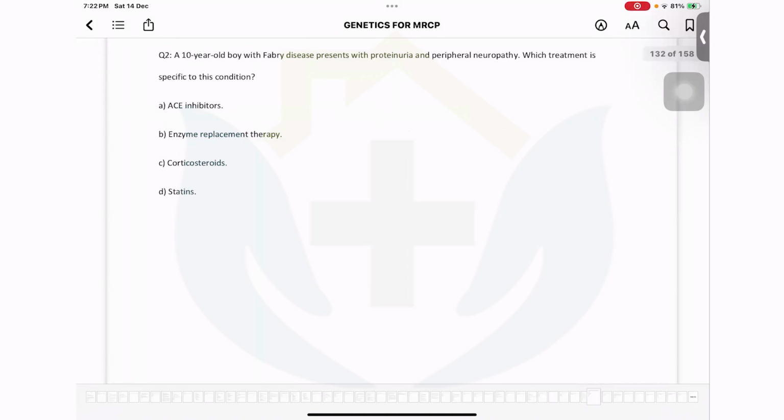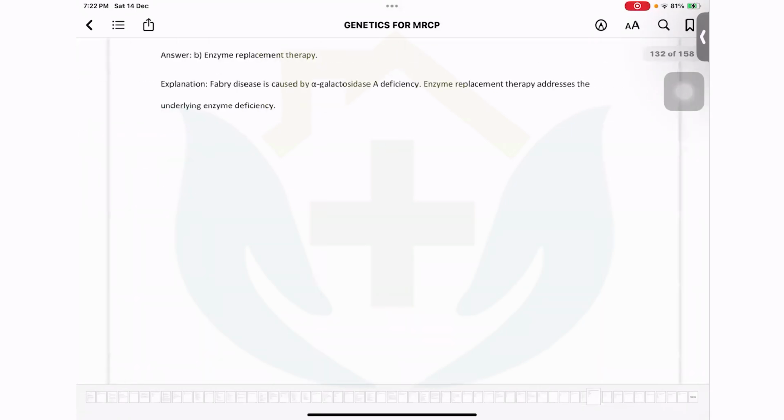A 10-year-old boy with Fabry's disease presents with proteinuria and peripheral neuropathy. What treatment can you give to this child? Treatment is available nowadays. Enzyme replacement. Yes, you can actually do enzyme replacement for alpha-galactosidase A deficiency.